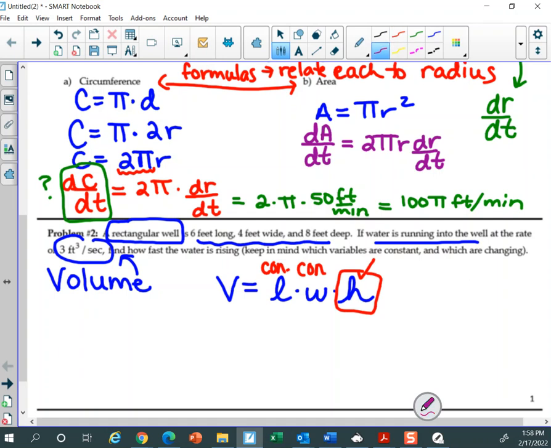When I pour water into this tank and then measure the volume of the water, the volume will change because the height, or the depth, of the water will change, but this measurement and this measurement, length and width if you want to call it, of the tank don't change. Does that make sense?